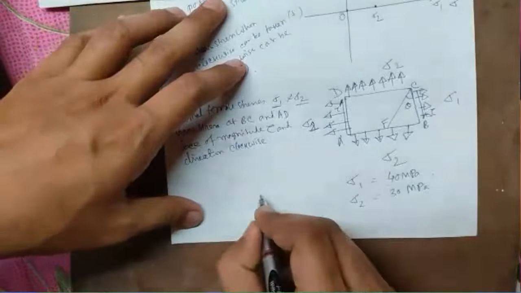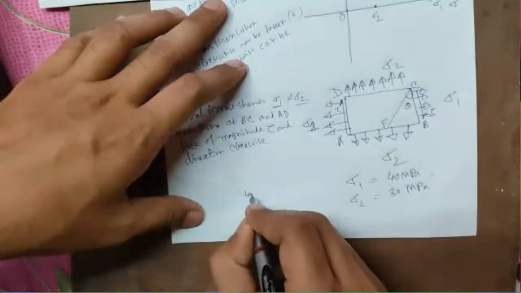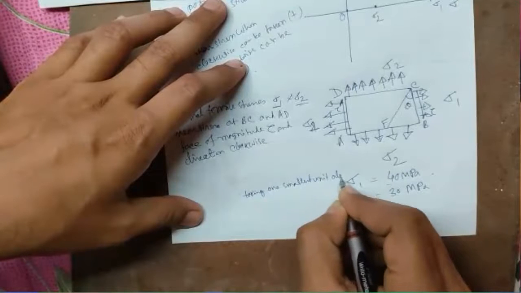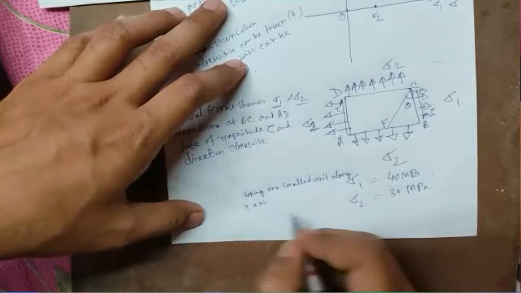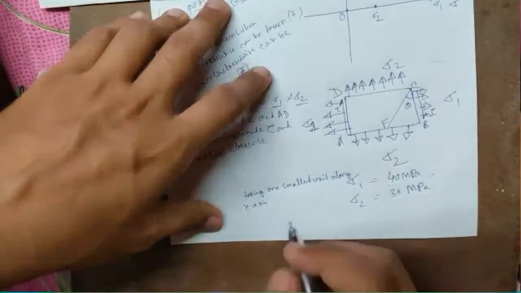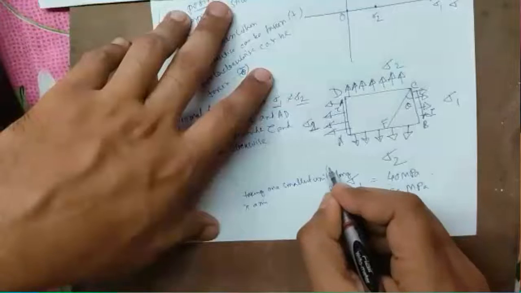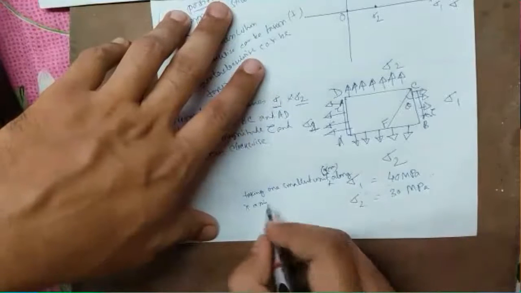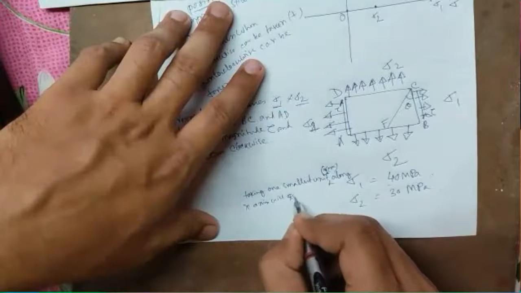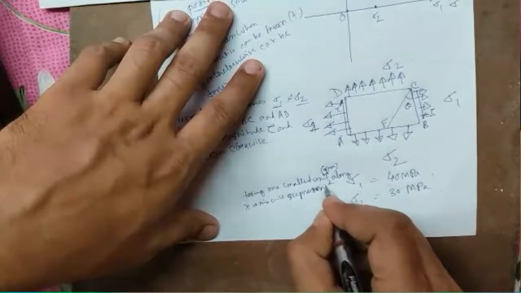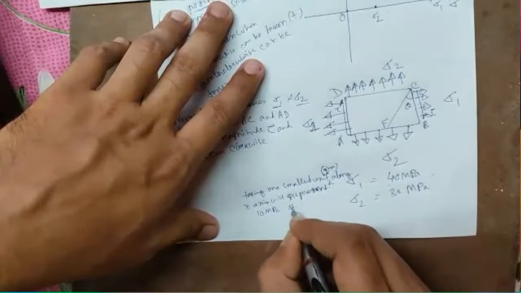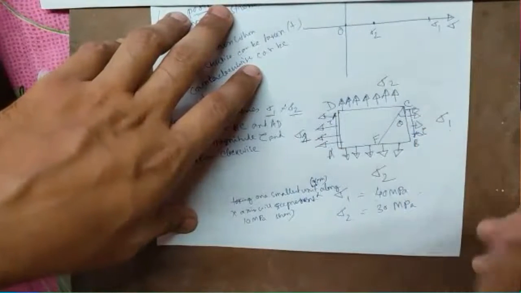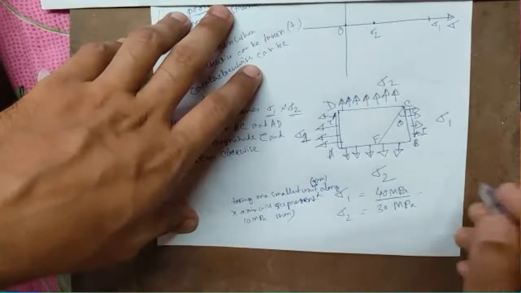So we will write: taking one smallest unit along the x-axis, say 1 centimeter, 1 centimeter along the x-axis will represent 10 MPa stress.